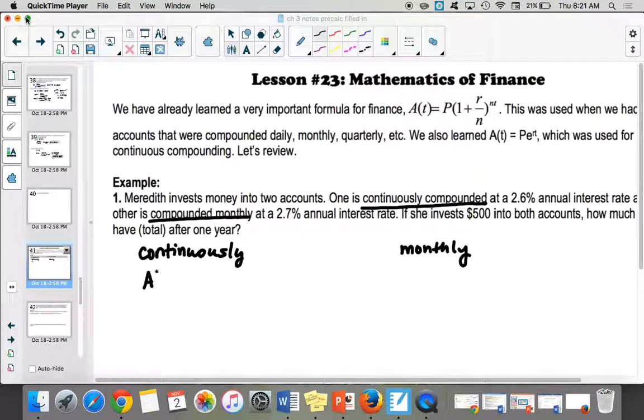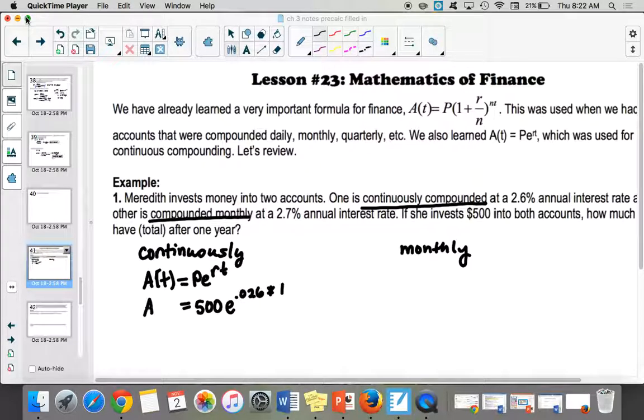Our continuous formula is A of t equals P e to the rt. And we're saying that she put in $500, and the continuous rate was that 2.6%, so 0.026, times 1 year.